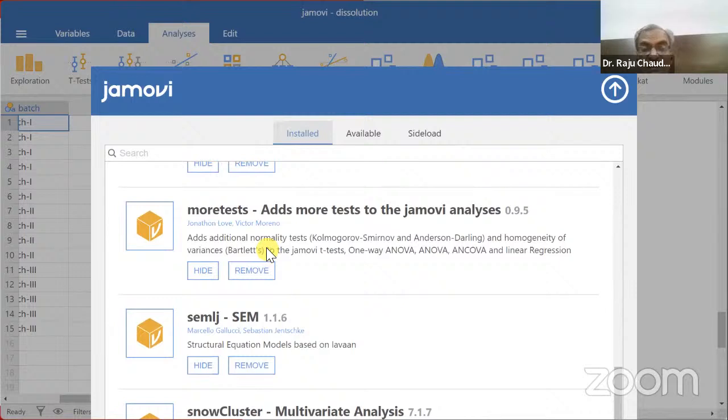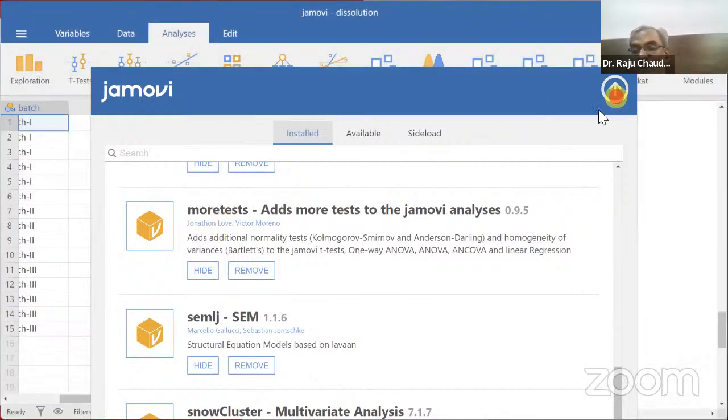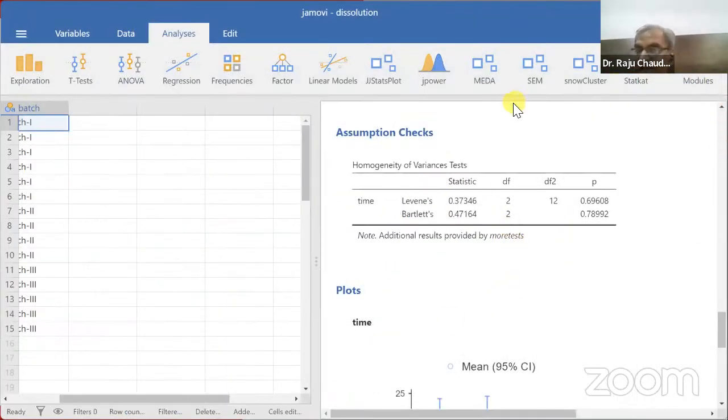Let me show you that. These are the moretests, for example the Bartlett test for homogeneity of variances. By default, it gives you only Levene's test, so for the Bartlett test you need to install this moretests module. In my case, it is already installed, so it is showing both outputs.